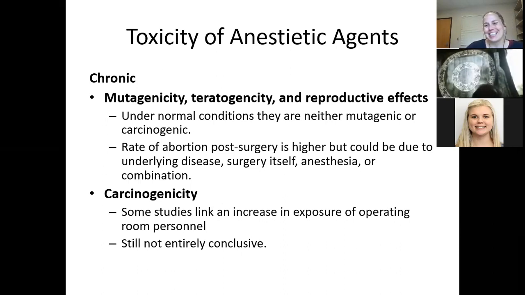If you think about these agents like halothane and so on, they're really relatives of substances like carbon tetrachloride and chloroform, which are really dramatic liver toxins. Indeed, in the history of anesthesia, agents like chloroform were at one time the prominent agents that were used. They produced anesthesia, but they also produced lots of other problems.